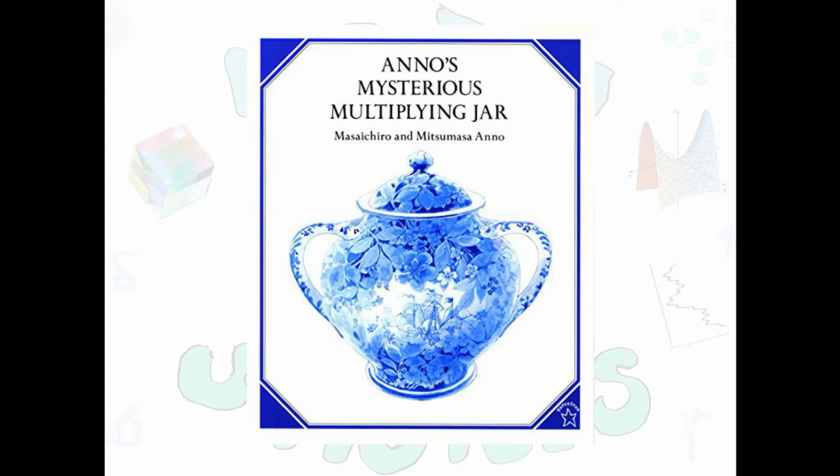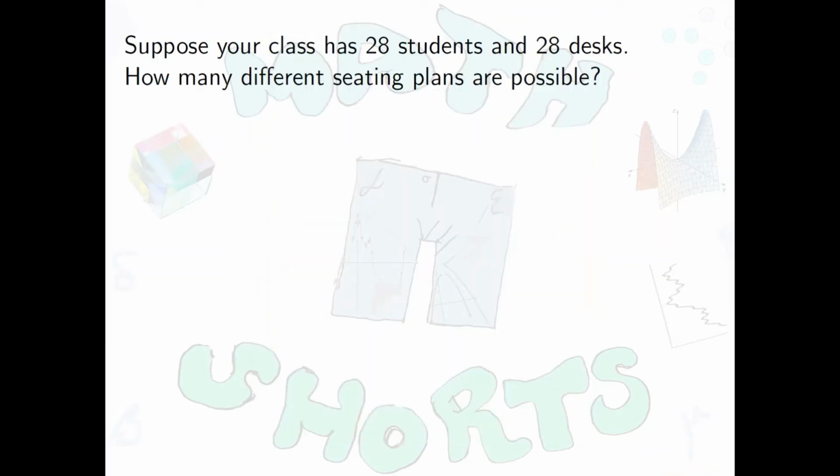So let's look at a couple of situations where these factorials show up, where we'll take an idea and get an idea of how big these numbers can actually get. Okay, suppose we're in school and we have a class with 28 students and 28 desks. We want to know how many different ways that we can arrange the 28 students into the 28 desks.